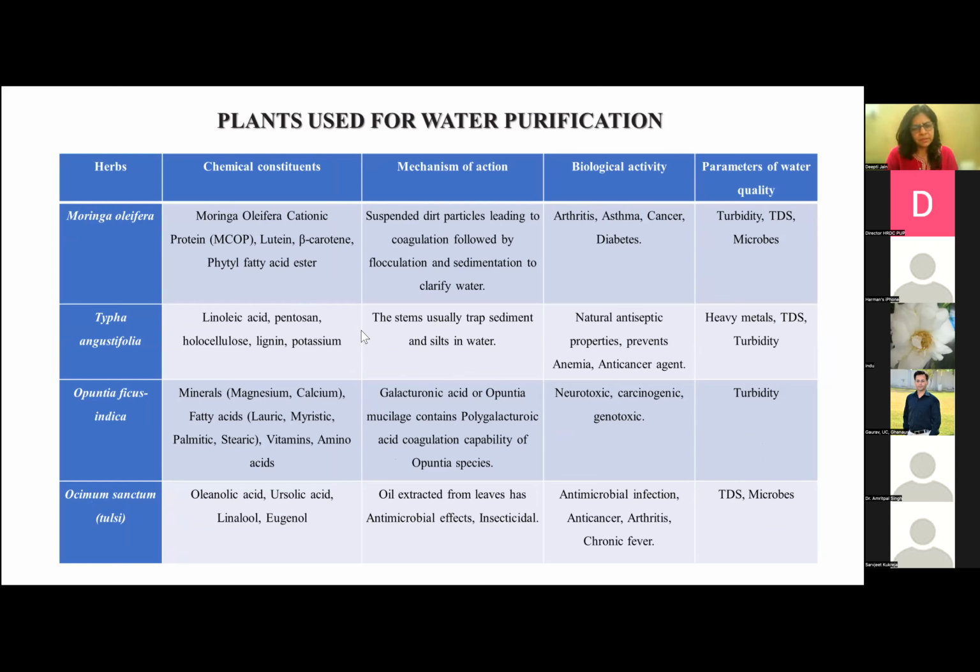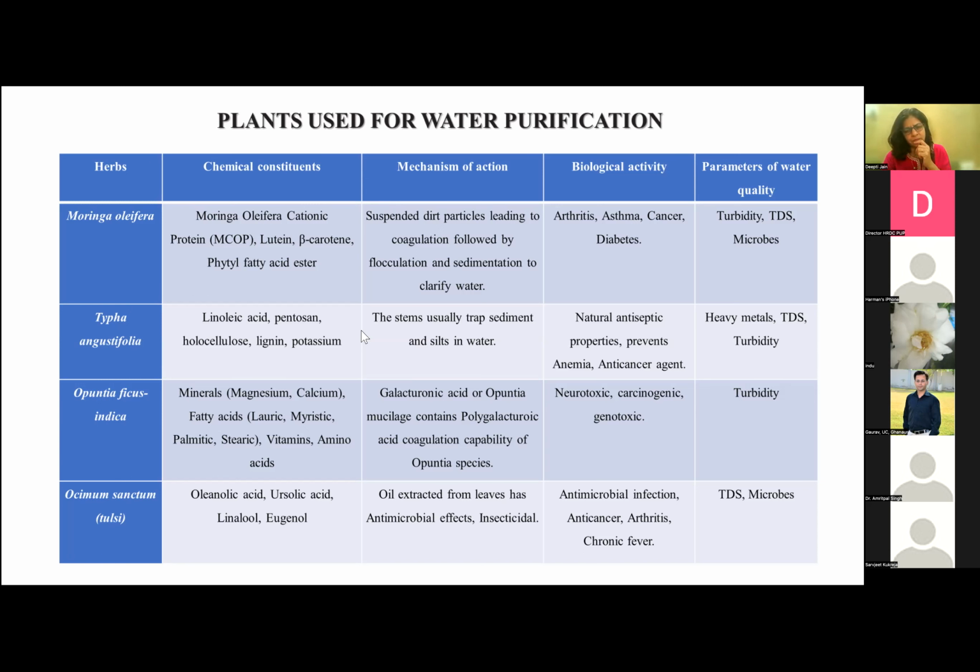So if we use the extract of Tulsi as a whole, we can also use the Tulsi leaf. But if we use the Tulsi extract, it will have its antimicrobial effect. And if we put 1 drop of that in our water, it may give an immediate effect also.